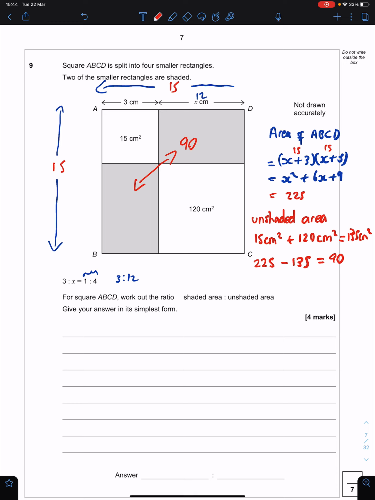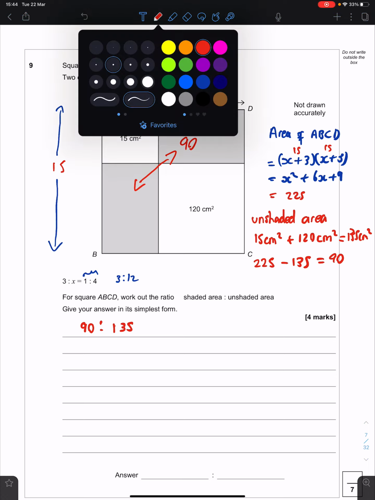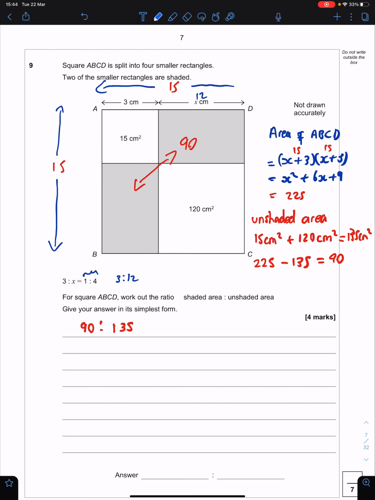So the ratio of the shaded area to the unshaded area, well, that's 90 to 135. And I'm just going to simplify this ratio. So what can these both be divided by? They can both be divided by 5. So if I divide the 90 by 5, that becomes 18. 135 divided by 5, I think it's 27. Yeah, it's 27.